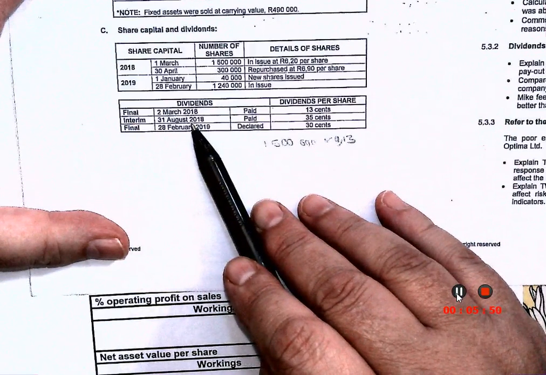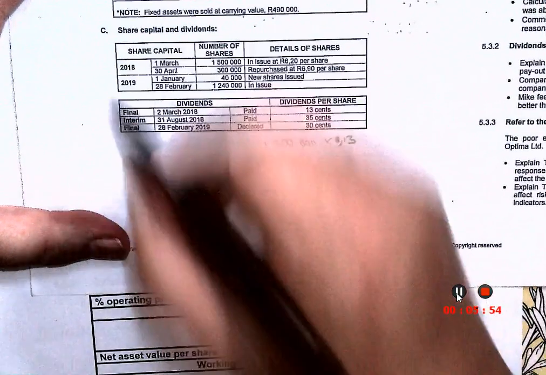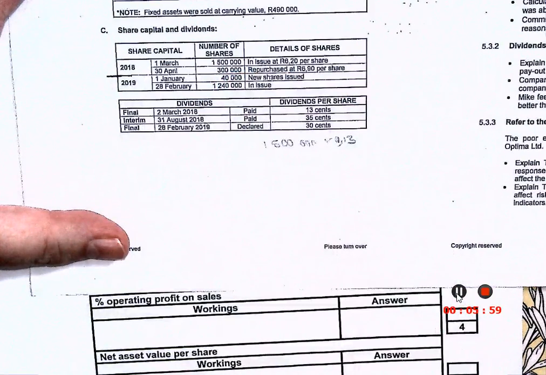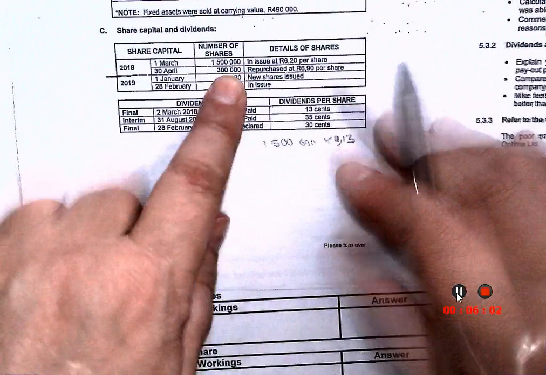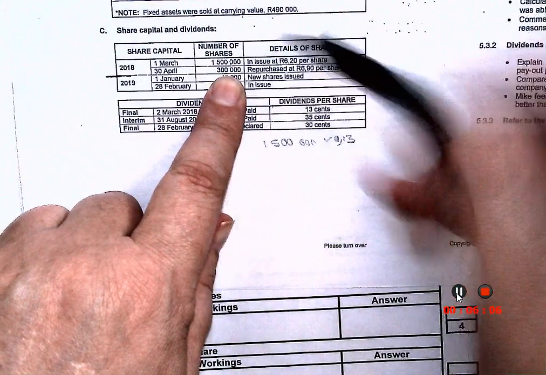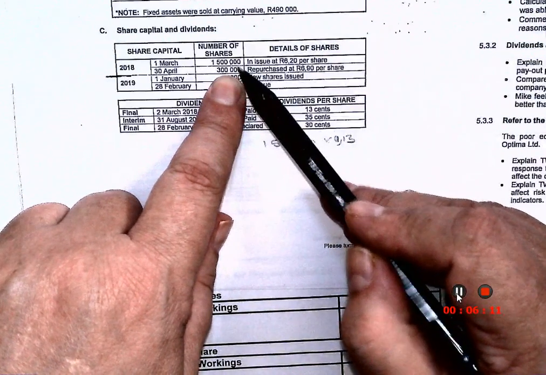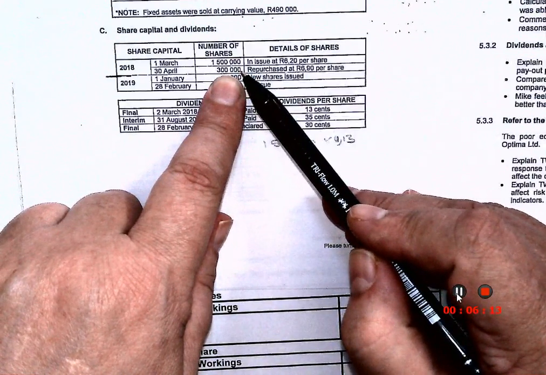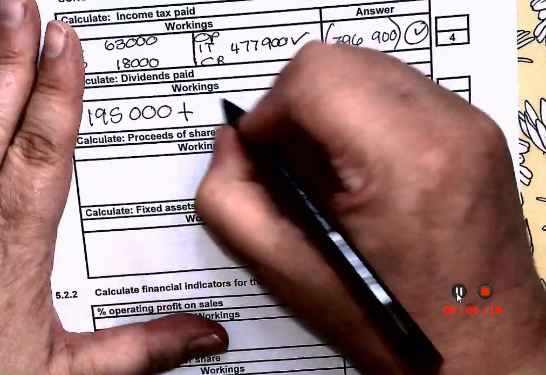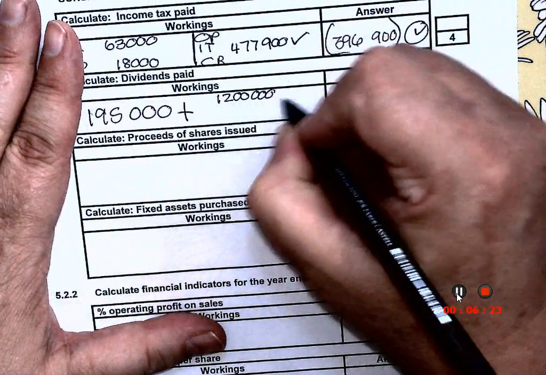So now if I go look here on the timeline, I see 31st August happened here, right? So it happened on 1.8 million shares. You can see it because there was 1.5 at the start of the year. Oh, sorry, it's 1.2 million shares because I repurchased 300. So I'm going to work on 1.2 million shares at 35 cents.